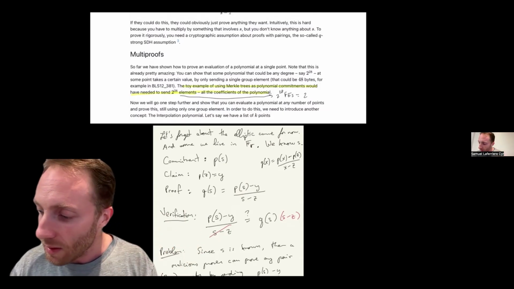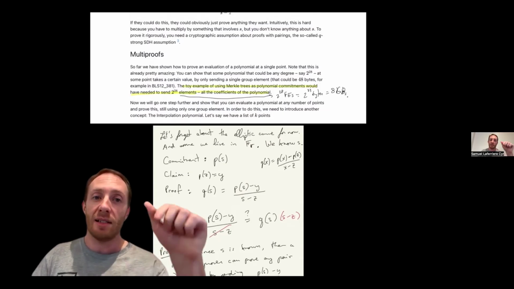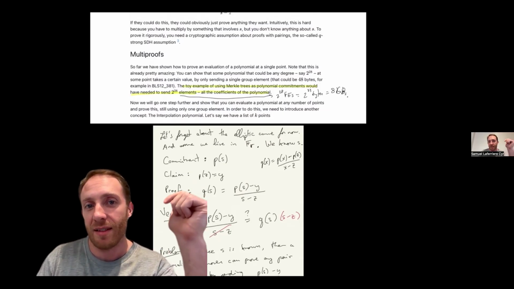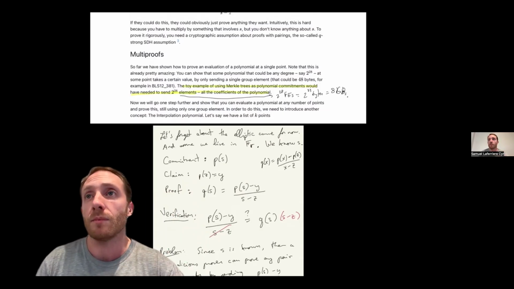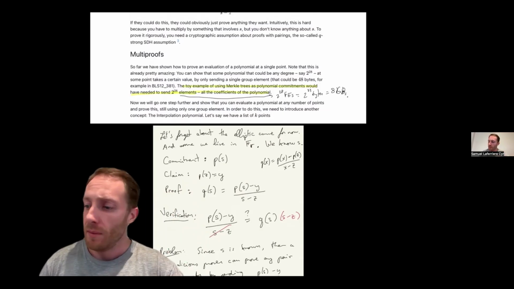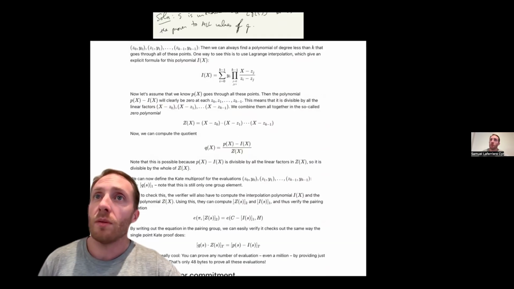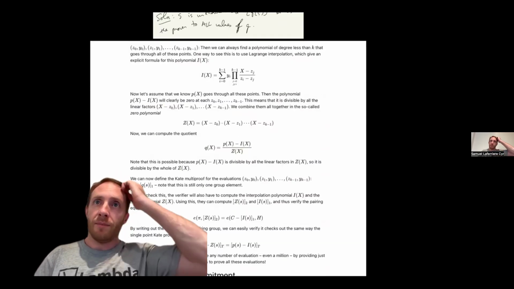So this is just 2 to the 33 bytes, which is 8 gigabytes. And 8 gigabytes is actually the size of our SRS G1 points for EigenDA.